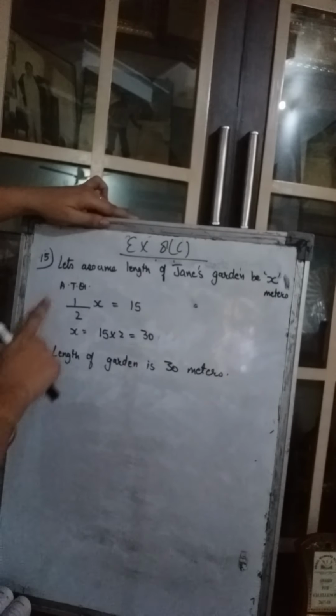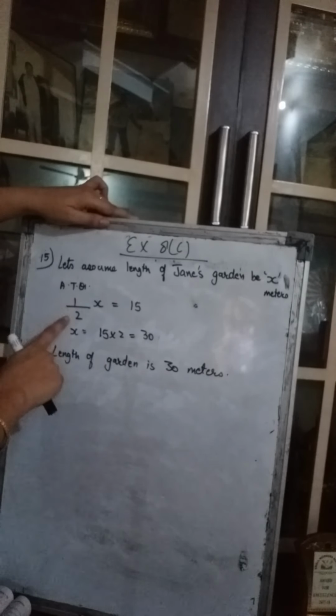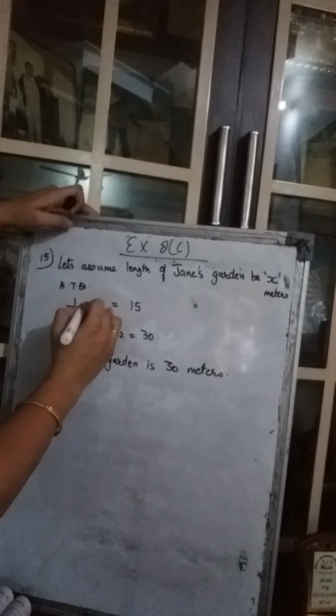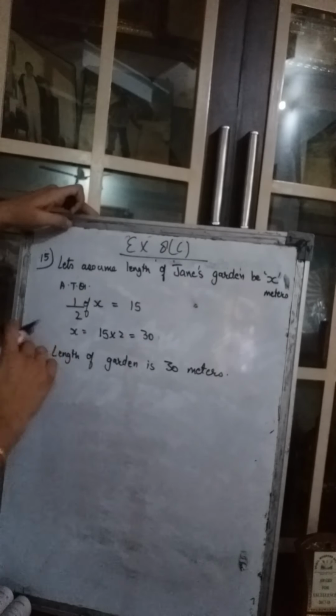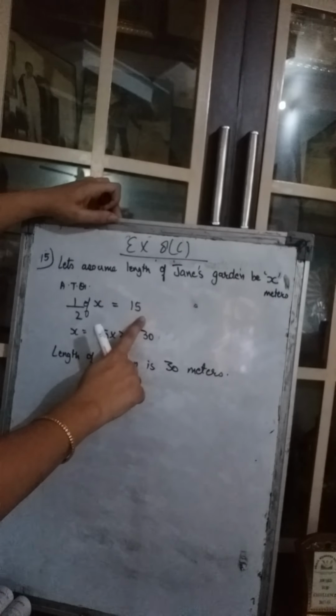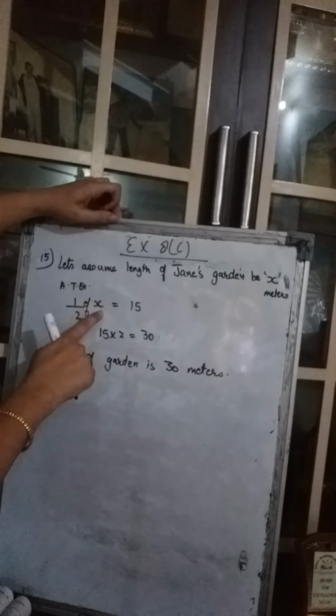Okay. So according to question, half of that length, half of means multiply. So if you want to write here of, you can write half of this length is 15. Okay. So that means this is getting multiplied here.